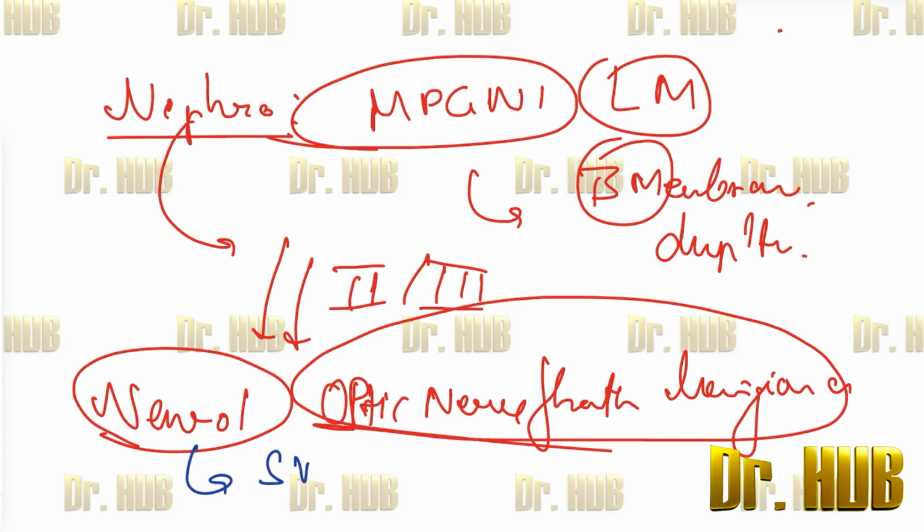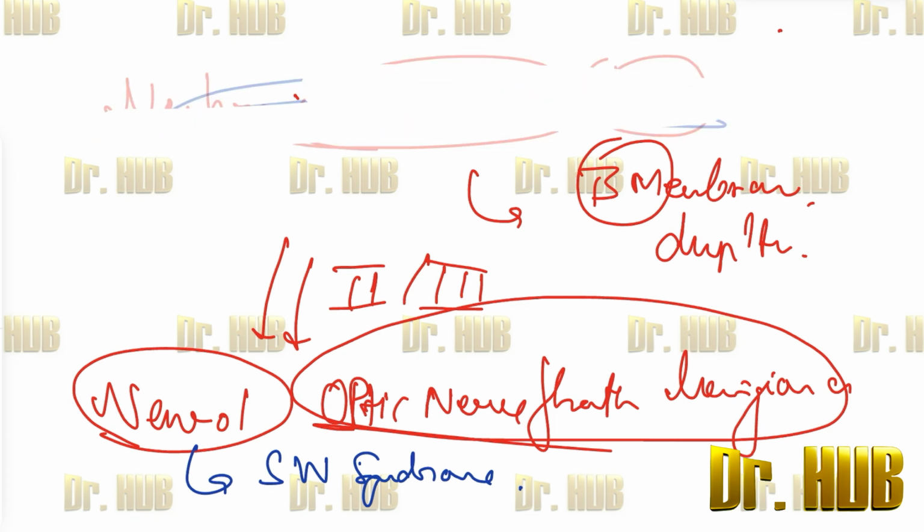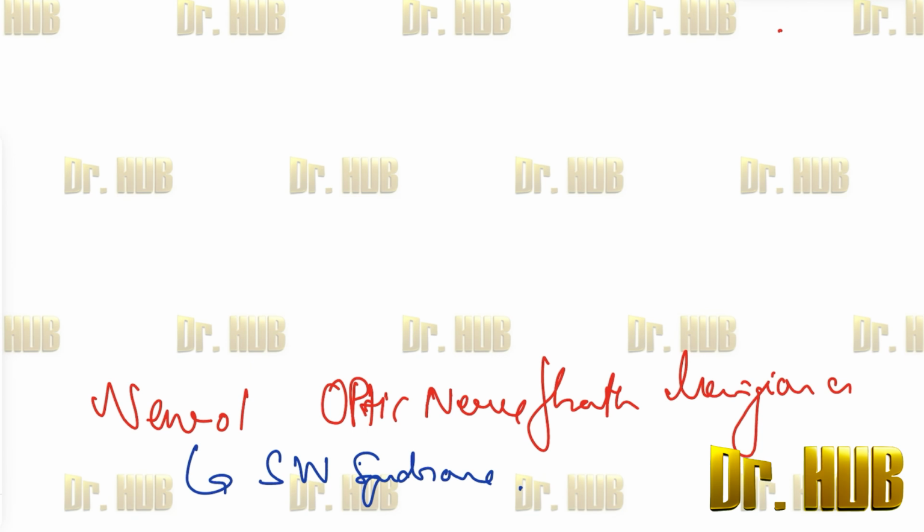So it is also known as Sturge-Weber syndrome. So it's optic nerve sheath meningioma and Sturge-Weber syndrome. So that was in neurology, Sturge-Weber syndrome as well as optic nerve meningioma.